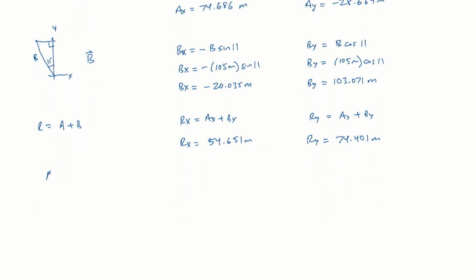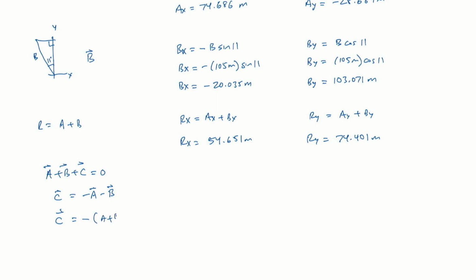And so we know that A plus B plus C adds up to 0. So that means C is equal to minus A minus B. So C is minus A plus B, and so vector C is minus vector R. And so CX is going to be minus RX, that's going to be minus 54.651 meters.